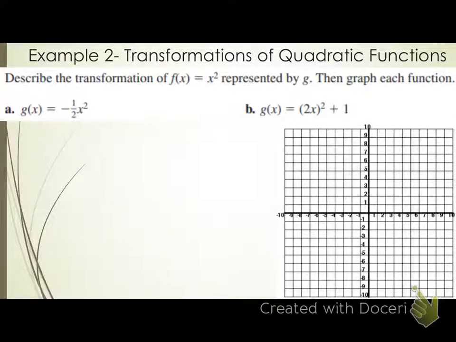Example 2, describe the transformation of f of x equals x squared represented by g. Then graph each function. Same directions as we had earlier. We're just dealing with stretches and shrinks and some reflections as well. So, letter A, g of x equals negative 1/2 x squared.